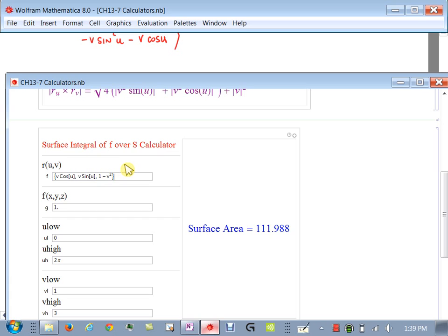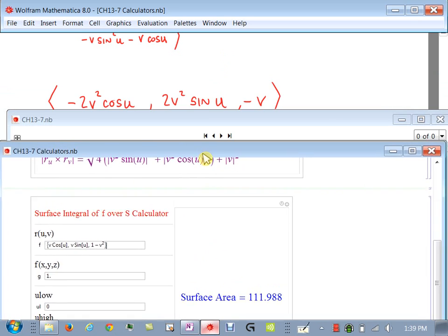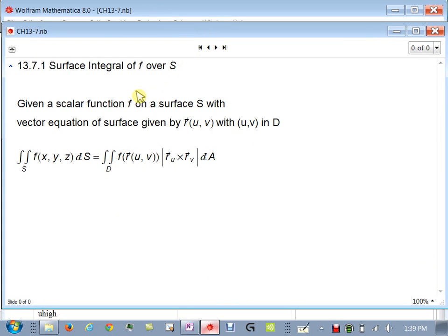It's the surface area of S. Does that make sense? That's what this is saying. If this is a 1, then this right here is the surface area of what you're integrating over. But what if it's not 1? And that's what this section is about, or at least the beginning of this section.